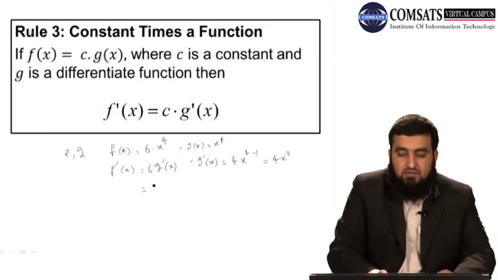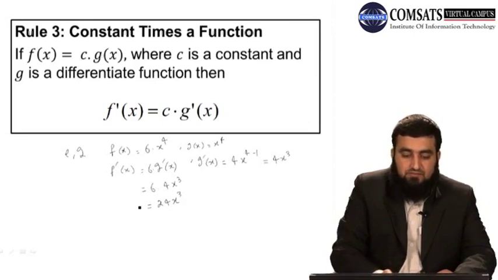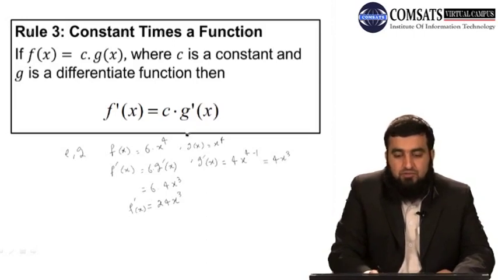So f prime of x is equal to 6 into 4x cube, so this would be equal to 24x cube. That means you take the constant out and only find the derivative of g of x.